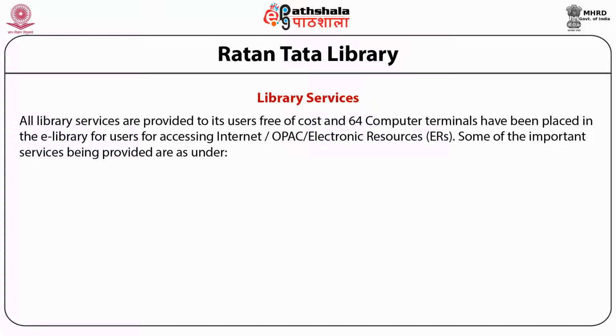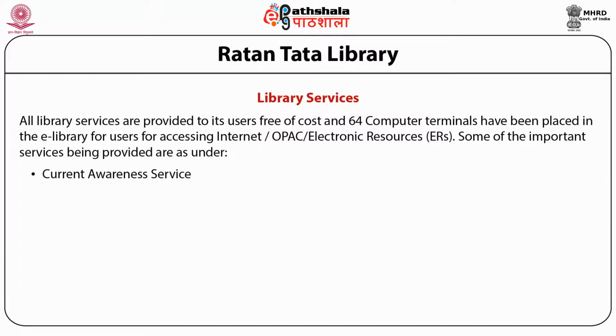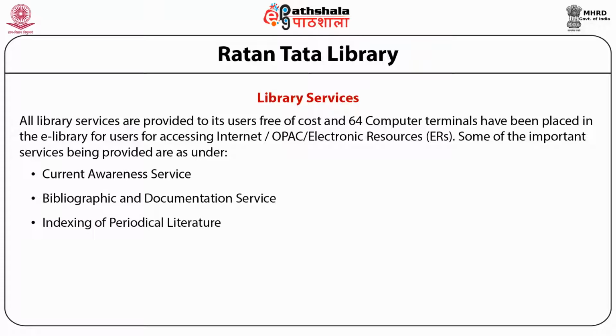Some of the important services being provided are as follows: circulation service, reference service, internet, email, CD-ROM databases, selective dissemination of information, current awareness service, bibliographic and documentation service, indexing of periodical literature, interlibrary loan, and reprographic service.